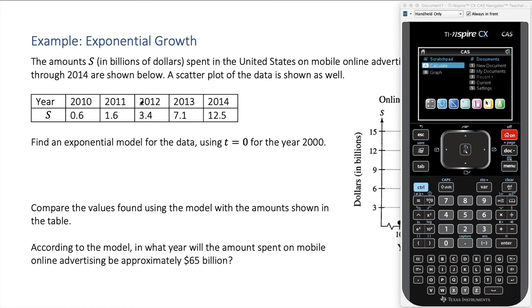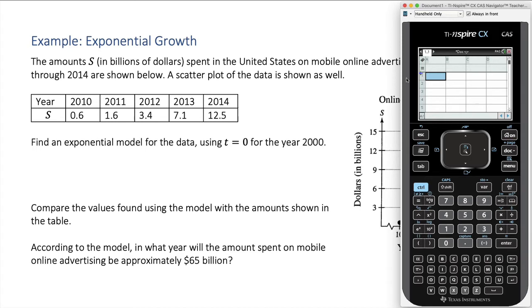So we're going to go to our data sheet and enter these values. Now, it's, of course, S and the year. I'm just going to call them X and Y because I'm very comfortable with X's and Y's. For our X, those are our years. I guess maybe I should use T since we're doing T equals 0.